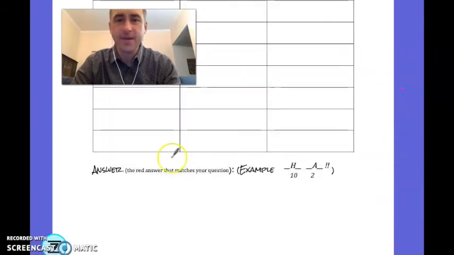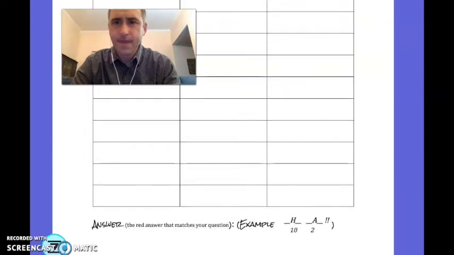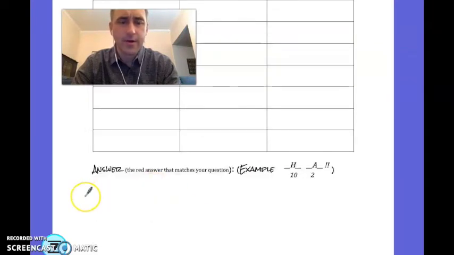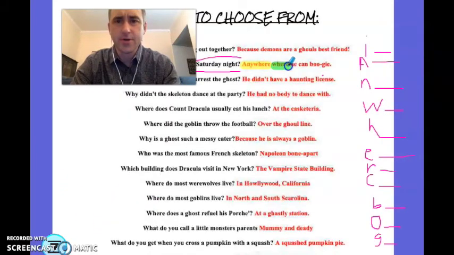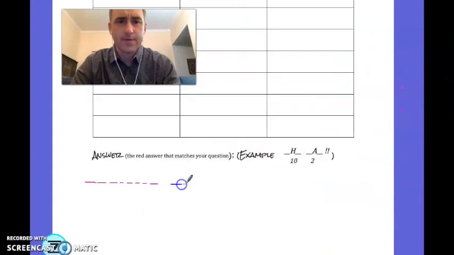Now we'll go to the bottom of that sheet. On the bottom, instead of writing the answer, I'm going to do the blanks. So I'm going to need enough blanks for the word anywhere, W-H-E-R, 7, and then I'll put the numbers underneath it. And my second word is where, W-H-E-R-E.